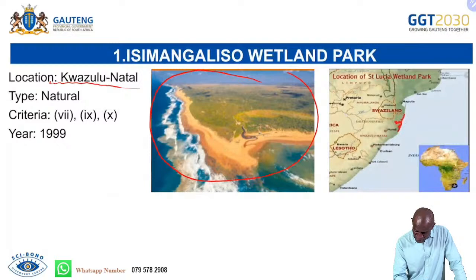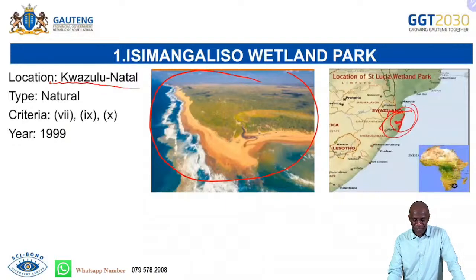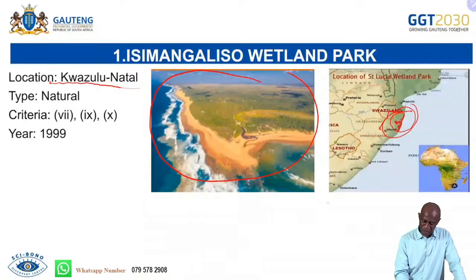And here is the province in question, and here is where the Isimangaliso Wetland Park is located. As you can see from the map, an extract from the South African map that zooms specifically to KwaZulu-Natal is indicated here, and this is your Isimangaliso Wetland Park.